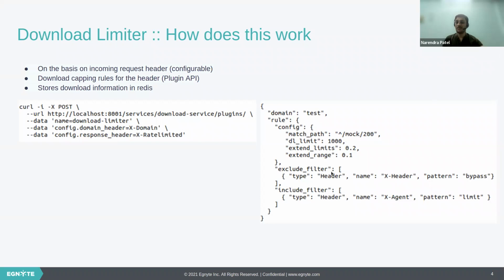So let's say whenever the incoming request has an X header with the value bypass, that request would not be eligible for rate limiting. It will be bypassed. And whenever the incoming request has a header called X-Agent with the pattern limit, then that request will be eligible for rate limiting. That way you can exclude or include certain requests for rate limiting.